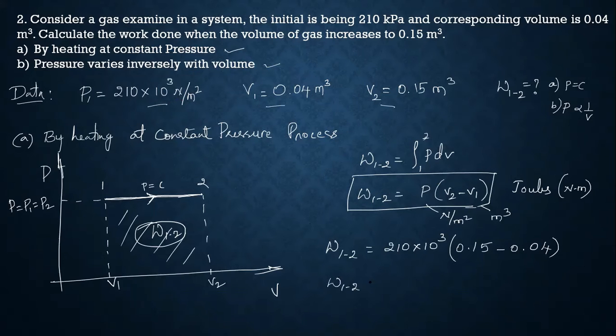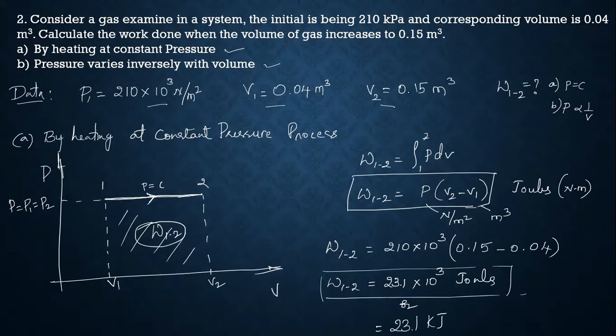Therefore, W1 to 2 is equal to 23.1 into 10 to the power of 3 joules, or 23.1 kilojoules. This is the answer for W1 to 2, by heating at constant pressure process.